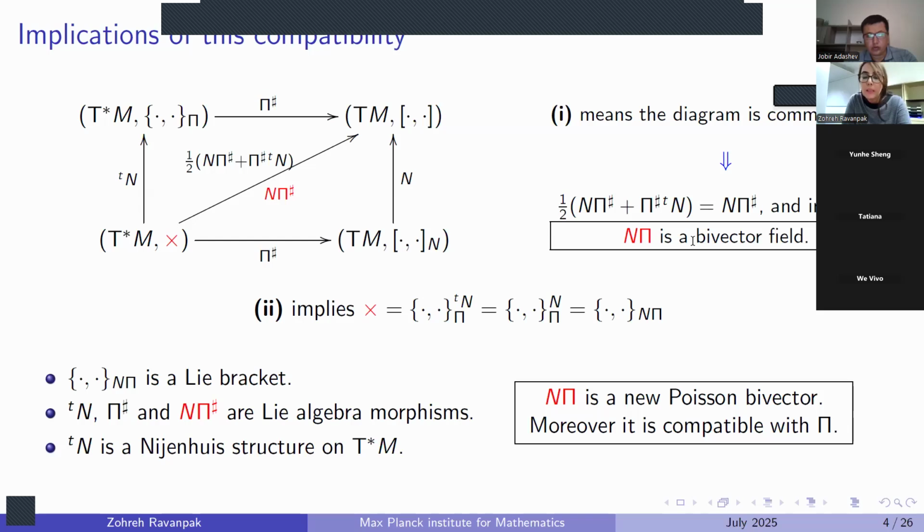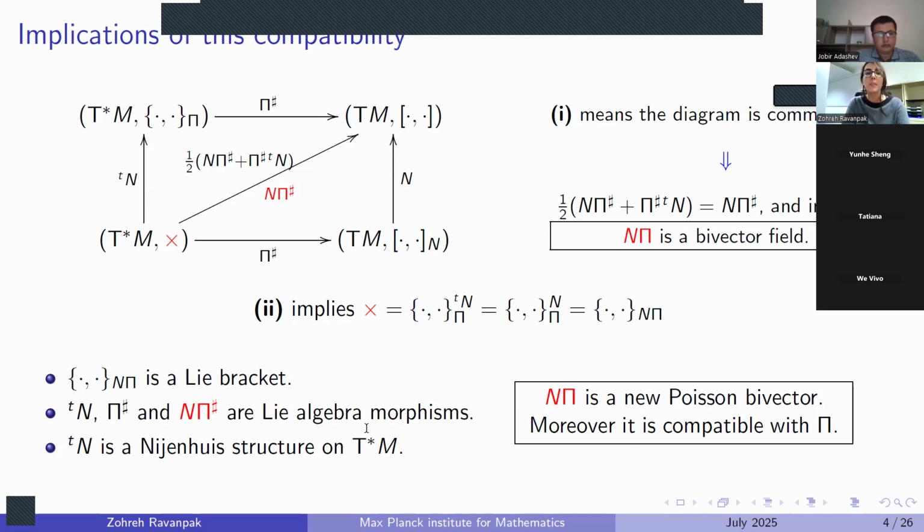So indeed, it is a Poisson bivector, and moreover, it is compatible with the initial Poisson structure. Another thing we get is that all these maps are morphisms of Lie algebras with respect to the corresponding brackets. And another thing is that N transpose is a Nijenhuis structure on T star M. So all these three follow from these two compatibility conditions.